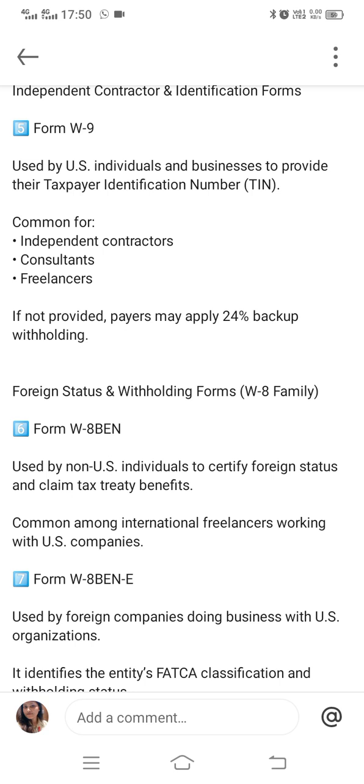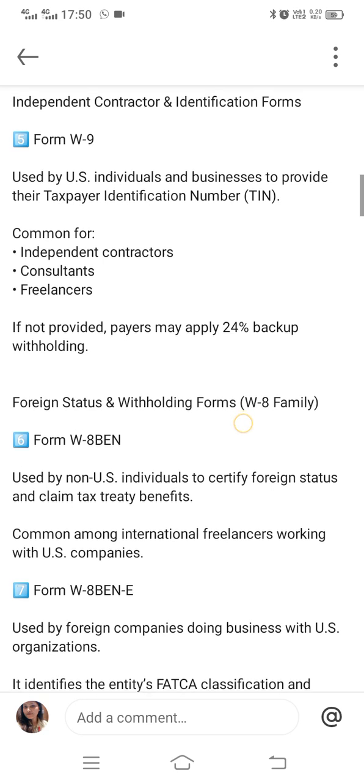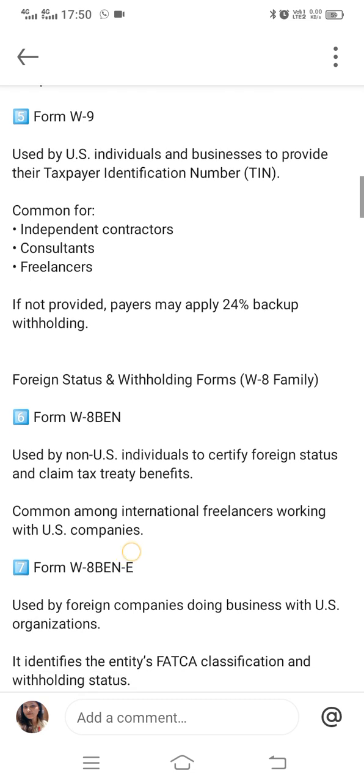So if you want to do compliance with the business, and you are an independent contractor or consultant, you need to give a W9 form where all your information will be there, and also your taxpayer identification number. If you fail to do this, then 24% of your total income will be withheld.